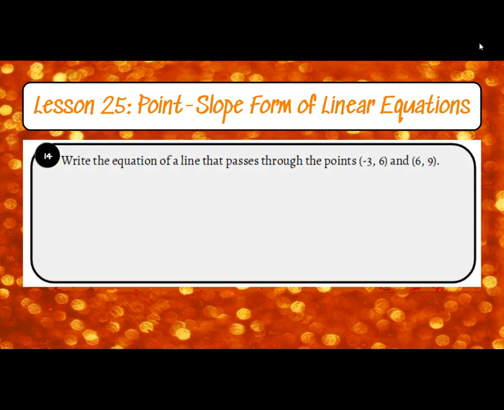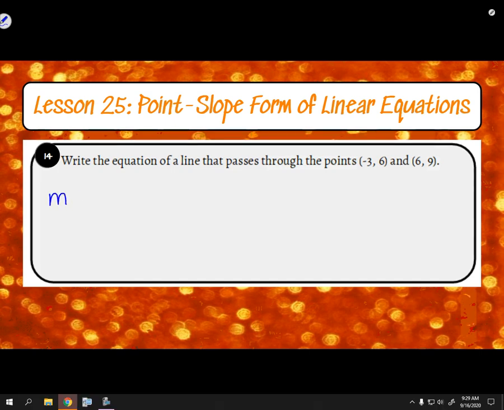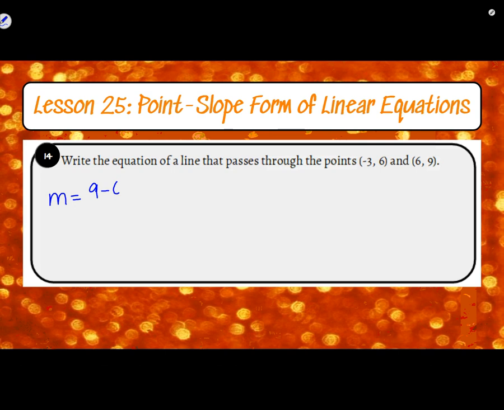So let's try another one. All right, let's get our slope. M equals 9 minus 6 over 6 minus -3. 3 over 9 is a third. All right, we get to make a choice. It doesn't matter which one we choose. I'm going to do this one first, but then I'm also going to do this one so that you can see what happens if you chose point 1 versus point 2.